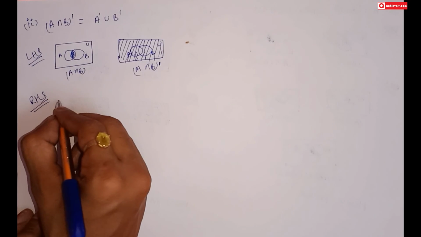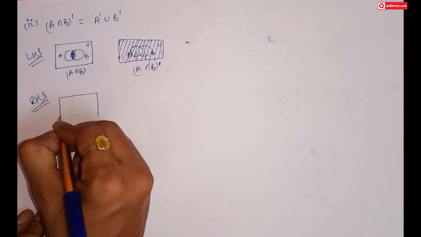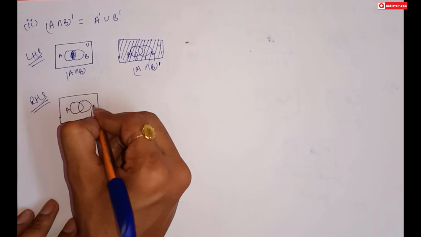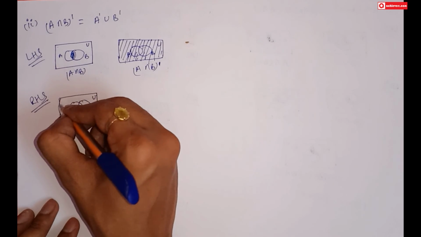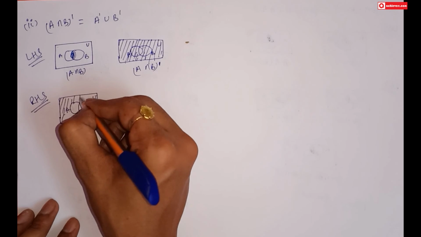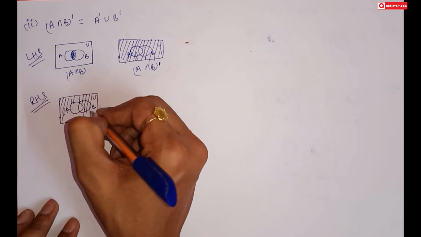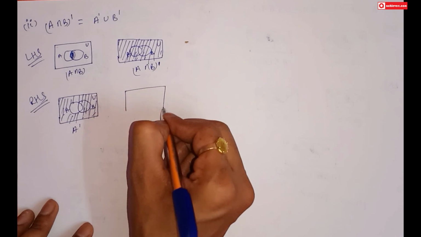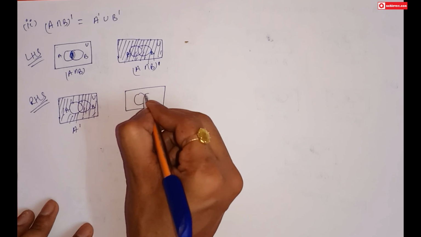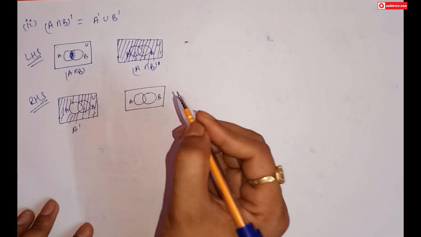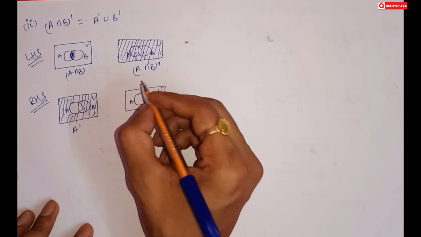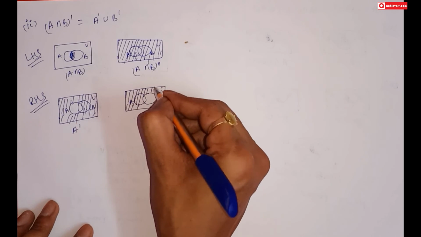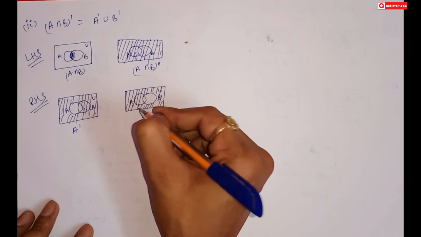RHS will be, first we'll go with A complement. What is A complement? Everything which is not included in A. So this will be A complement. Now we will go with B complement. So what is B complement? Everything which is not included in B. This is B complement.